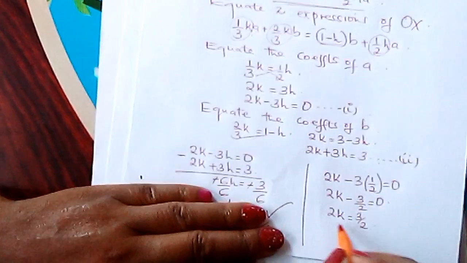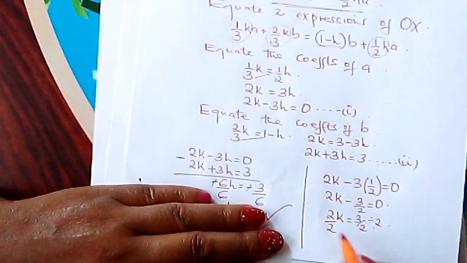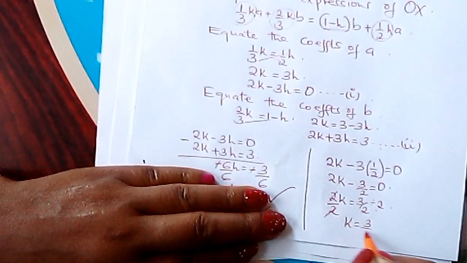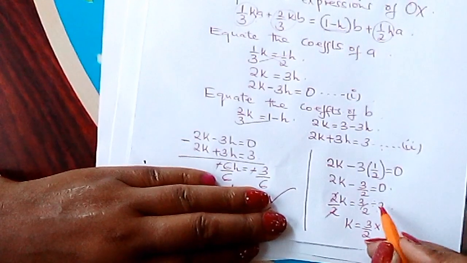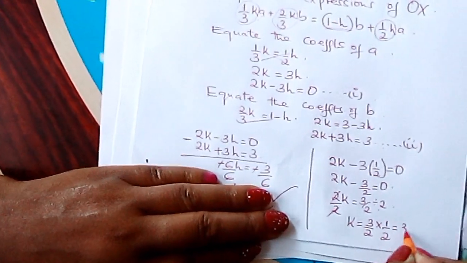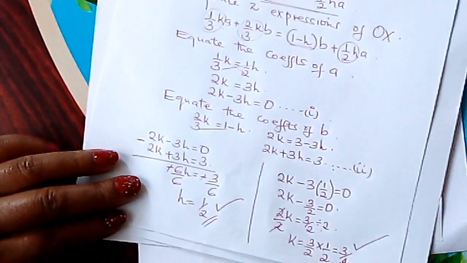From here, learner, divide both sides by 2 to get your k, and therefore your k will be equal to 3 over 2 times, dividing by 2 is the same as multiplying by a half, and therefore this gives you 3 over 4, and that is the value of k.